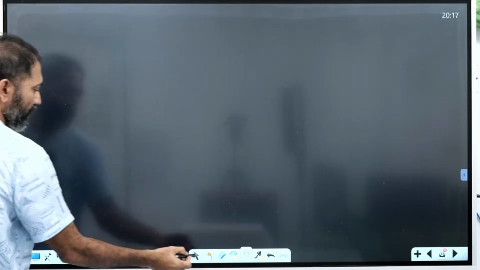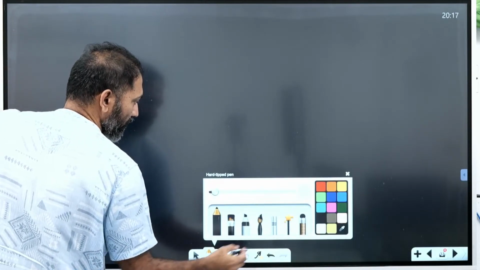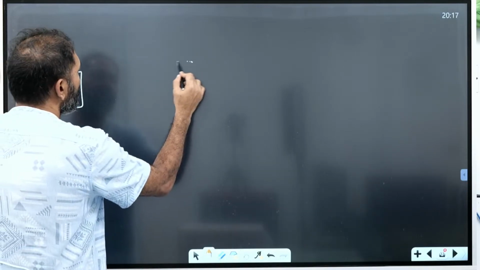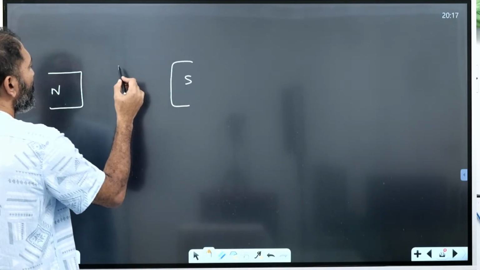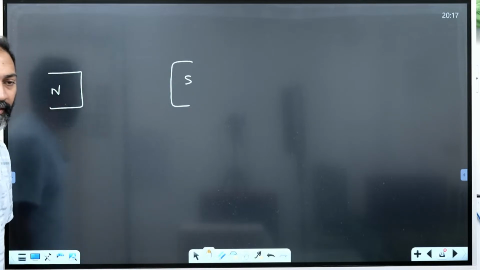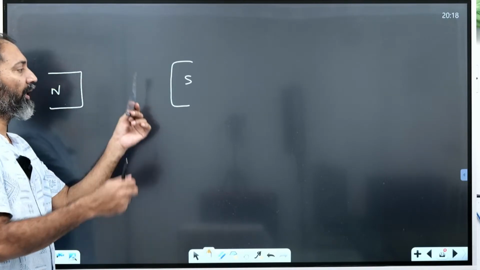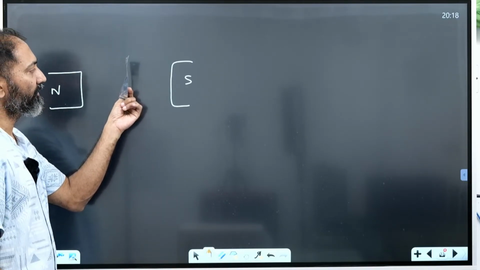This is the north pole, this is the south pole. First of all, if the plane of the armature coil... see, it's a three-dimensional figure. First of all, the plane of the armature coil is like this.